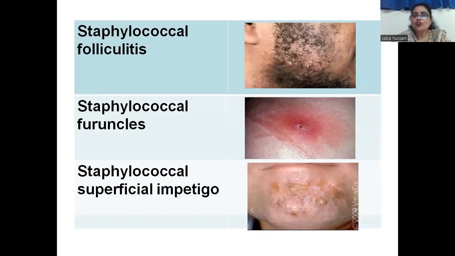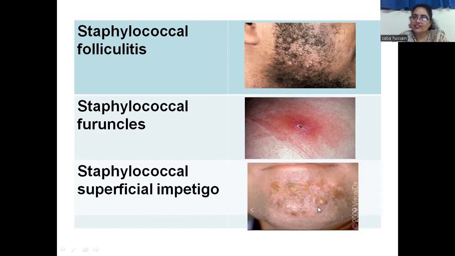So coming to folliculitis, this is the pimple-like structure seen near the hair follicle. Then furuncles are boils, seen like a boil on the skin. And when boils are together, they cause superficial impetigo.